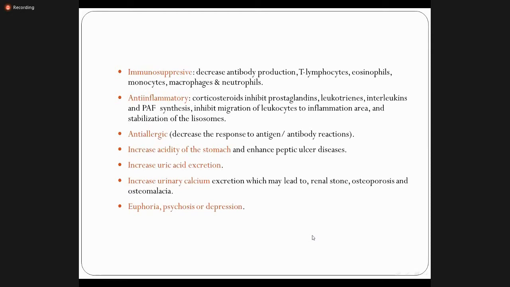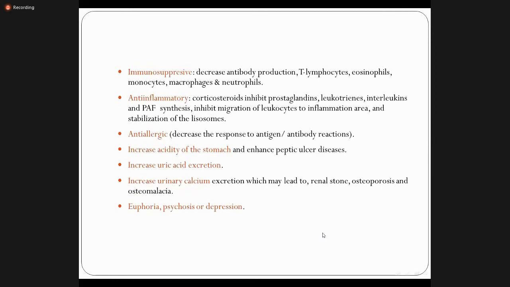If we just try to recall, the lipid bilayer is responsible to produce arachidonic acid with the help of an enzyme called phospholipase A2. And this arachidonic acid is converted or enters into two pathways. One is the leukotriene pathway, and the other is the cyclooxygenase pathway, right?